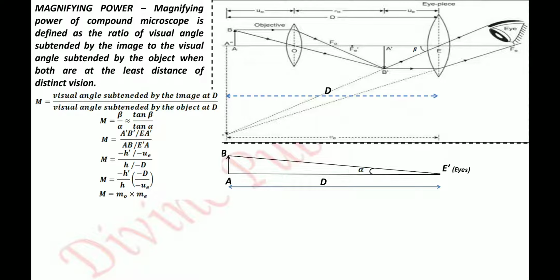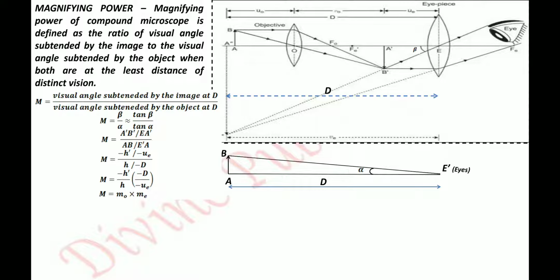Now what will happen? We can write minus H dash upon H in bracket minus D upon UE dash. UE, minus and minus sign will be cancelled out, and now just see H dash upon H. It is the height of the image to the height of the object for the first lens, that is your objective.